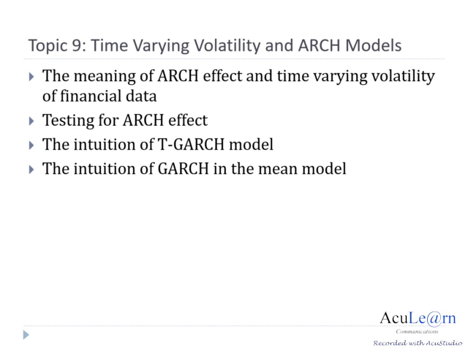But in the GARCH model, HT is not only a function of past ET squared, but also a function of the lag terms of itself, like HT minus 1, HT minus 2, and so on and so forth.